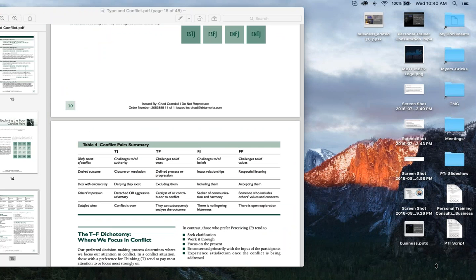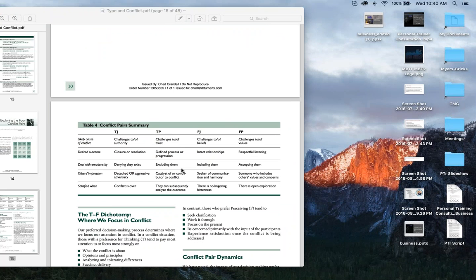Okay, conflict pairs. I never really looked at it this way before, but TJ, TP, FJ, and FP. This is kind of different than the typical NT, SF, SJ, the Keirsey style of organization. This is a conflict pair summary.